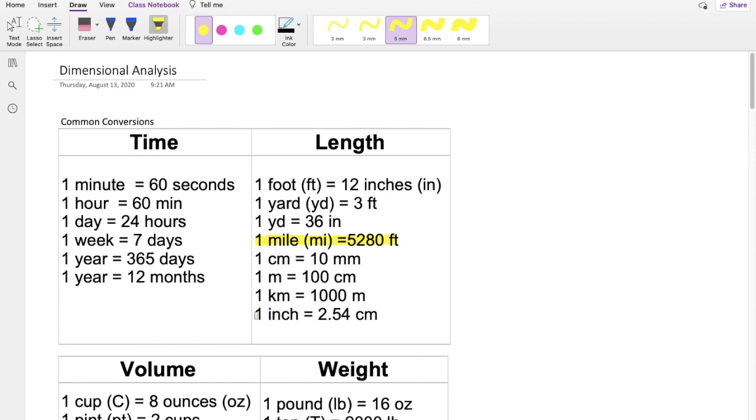Another important one is going to be the 1 inch equals 2.54 centimeters. So this is how we go between imperial and metric conversions. So imperial being what you are all used to, so inch, foot, and so forth, and then metric is basically what every other country uses, except 3 countries.